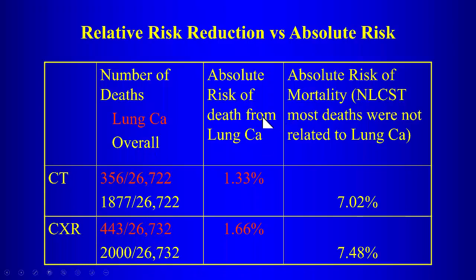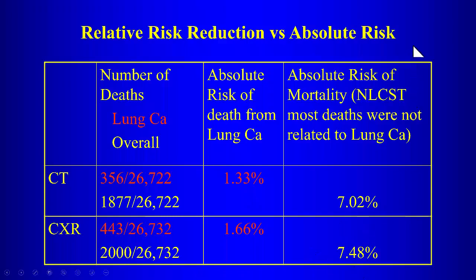But the absolute risk of death from lung cancer in patients who are screened with CT does not really go down that much. The absolute risk of dying of lung cancer is about 1.66% in patients who are screened with chest radiograph, compared with screening with CT. It only goes down by 1/3 of a percentage point, the absolute risk for any particular patient. And there's not that much change really in the absolute risk of mortality either.